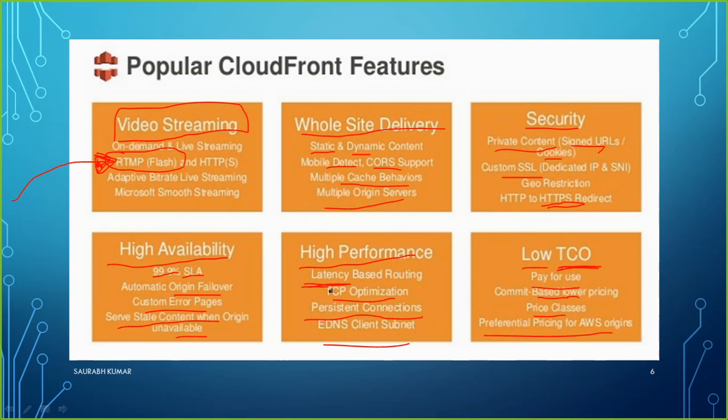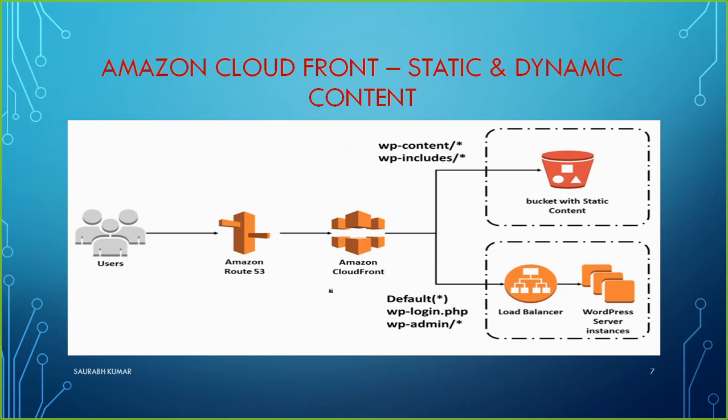Next point about CloudFront: it can be used for any type of content, either a static website with static content, or dynamic content. I have used this diagram to explain that. For example, here is a user and you have a website. Maybe your website has some applications, some database, plus some content.